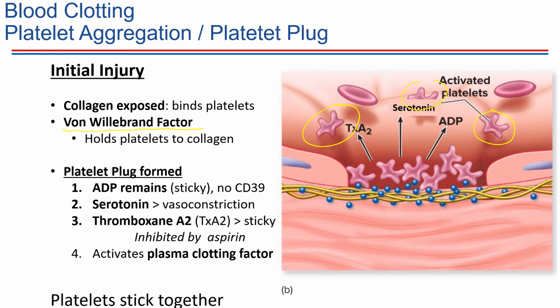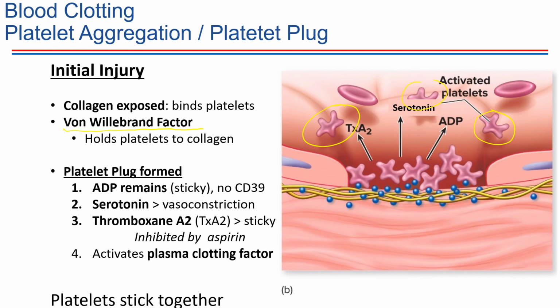So the platelets are being stuck there, and the platelets are going to form this little plug, and they're going to do a couple of things. Well, one, if we don't have the CD39, then there's going to be ADP, and that ADP is going to allow those platelets to stick together a little bit better. So they're not only sticking to the collagen, but they're sticking to each other because we have all of this ADP.